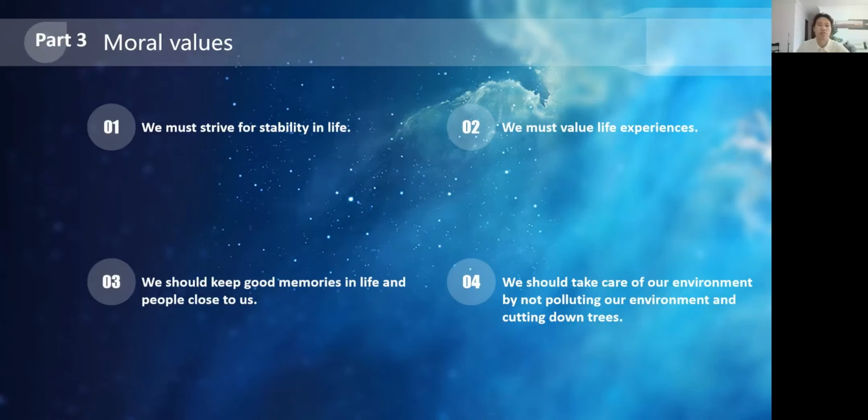What is your favorite moral value in this poem, and which moral value is important to you? The third, we should keep good memories in life and the people close to us. All right, okay, yes, that's great.